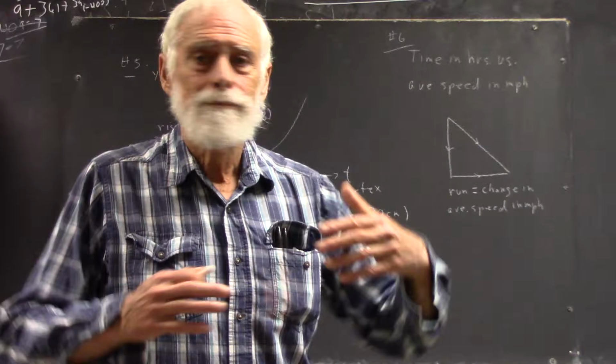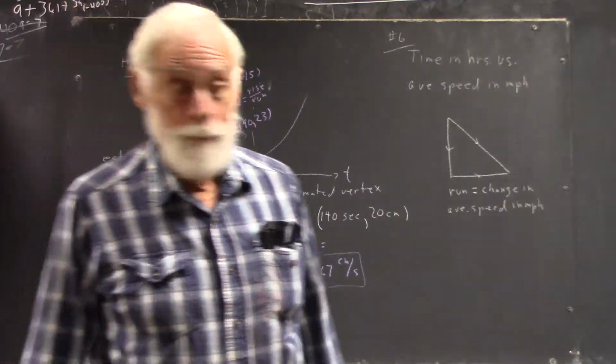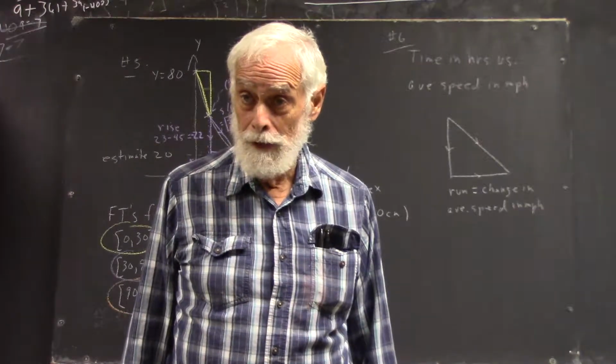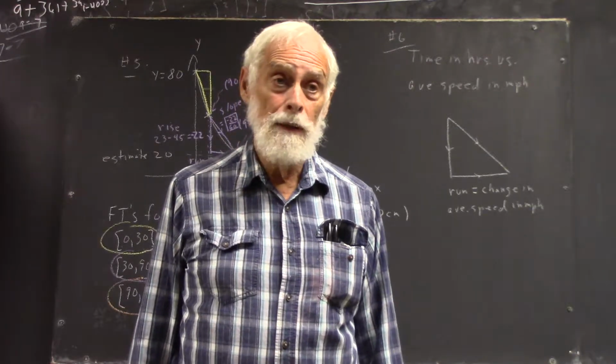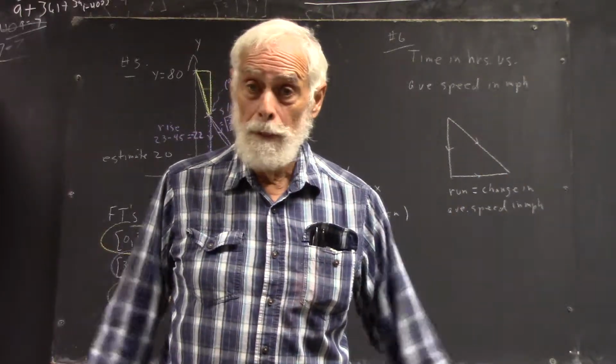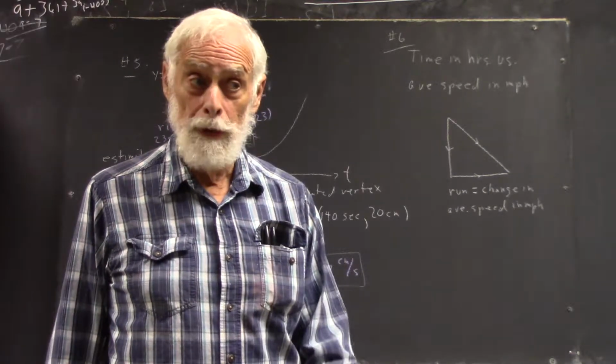So like, I'm driving to Blacksburg to pick up my grandson or something, okay? It's about a 2-hour trip. My average speed between here and where I turn off is probably going to be about 70 miles an hour, because I always obey speed limits.